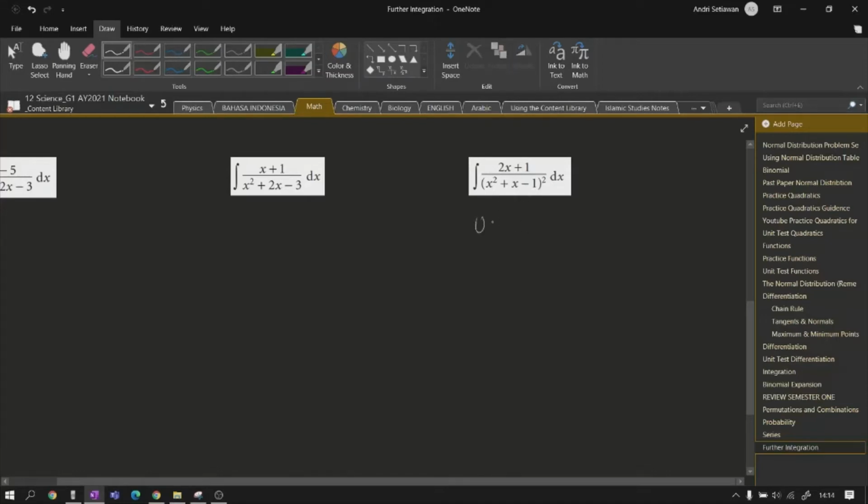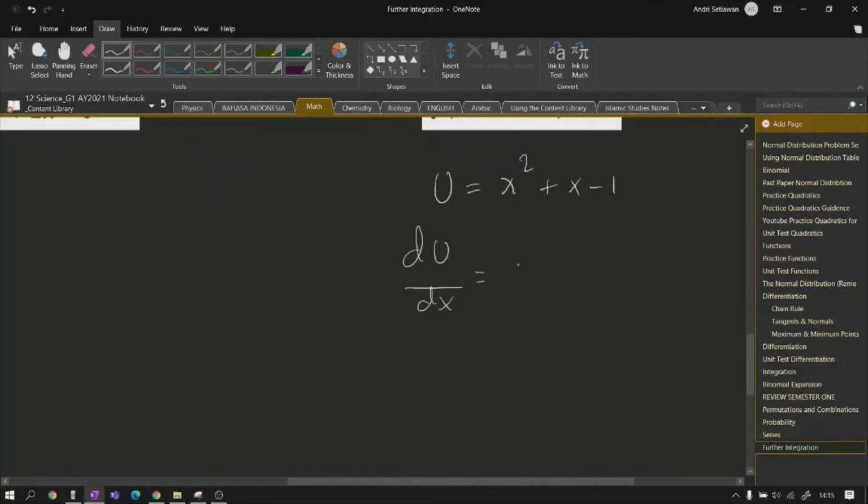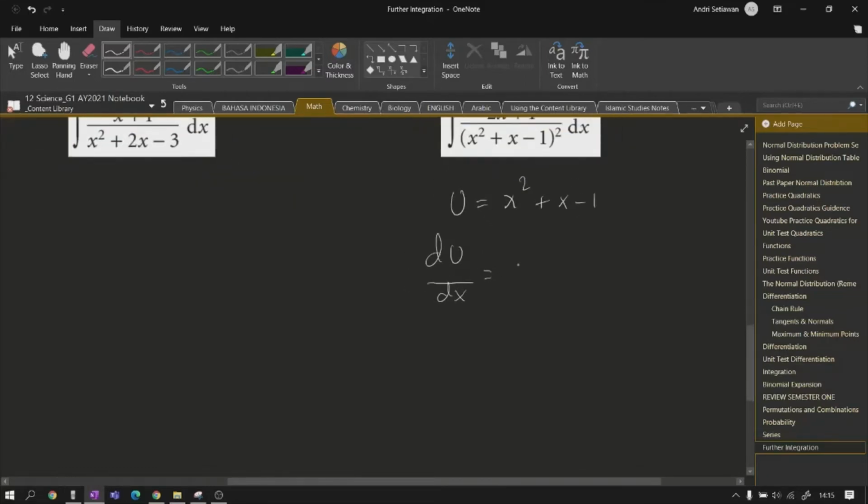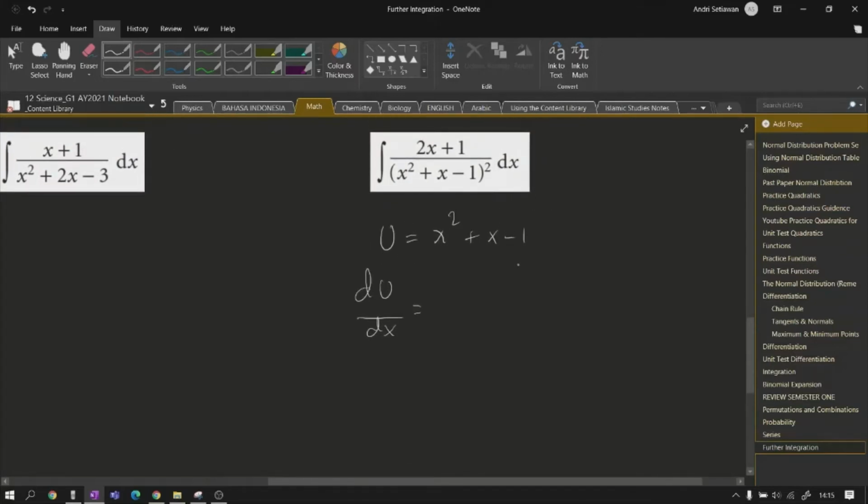So u equals x squared plus x minus 1. We don't need to rewrite the power 2 because we just need the expression in the bracket. After this, let's take the first derivative of u. So du over dx, we get 2x plus 1.